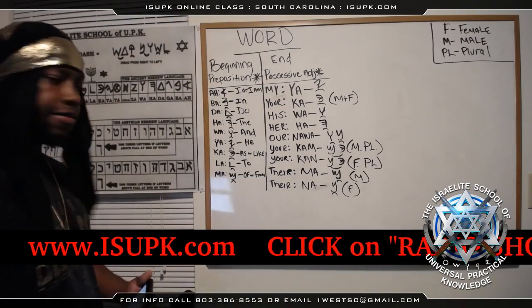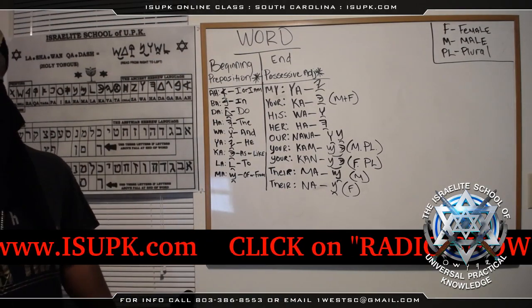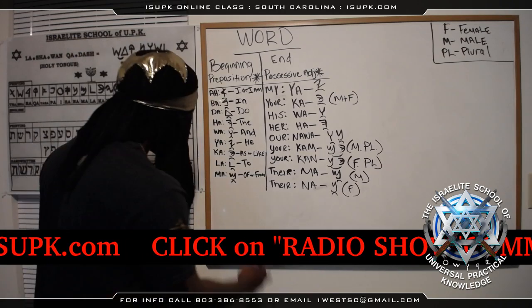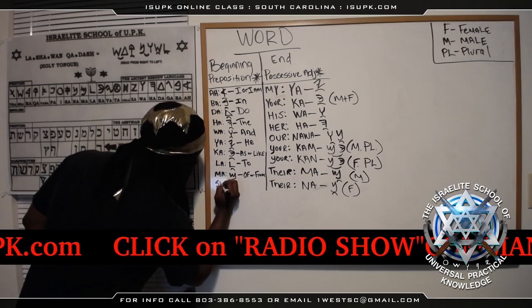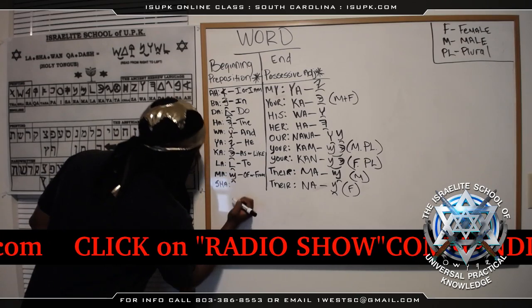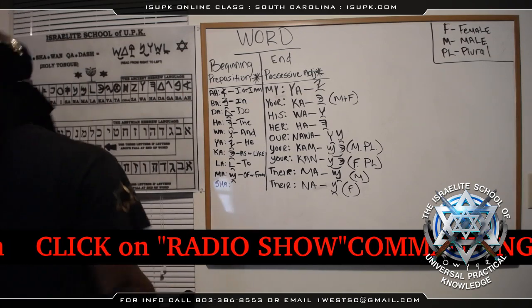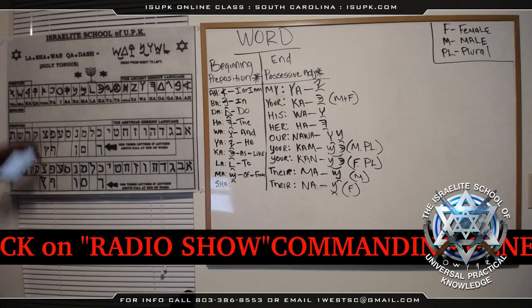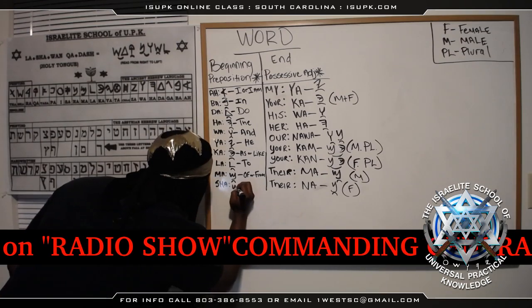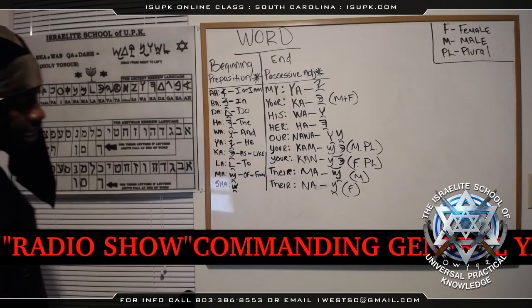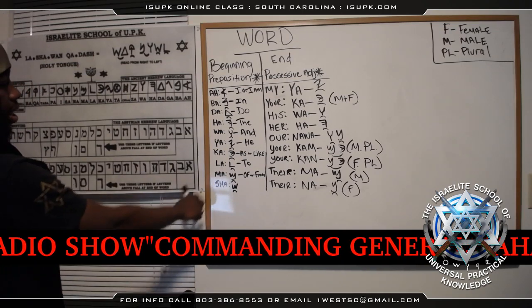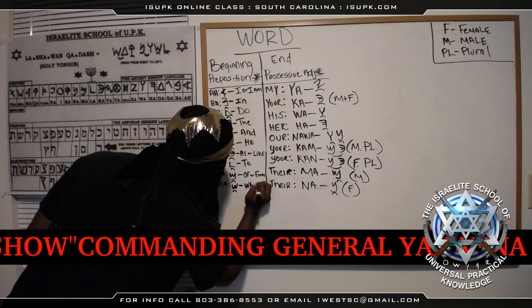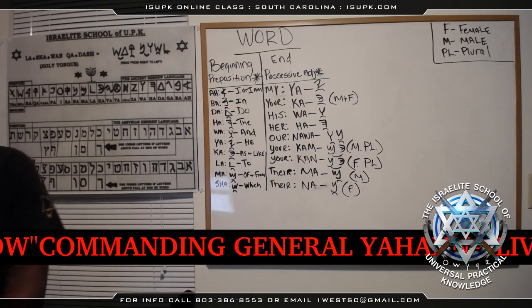Next, what we have is Sha. Sha is here, if you can see it. Sha looks like a W. And Sha means which.